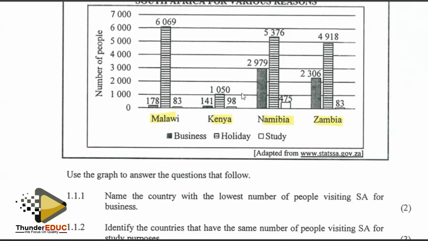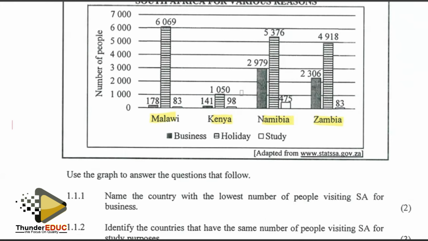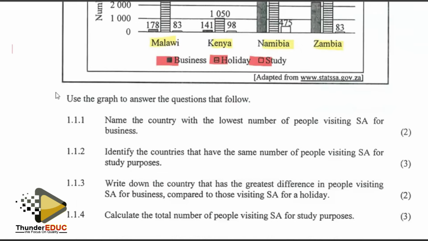Various African countries. Then down here, this is what we call the key. Each bar here represents a given value down here. Use the graph to answer the questions that follow.